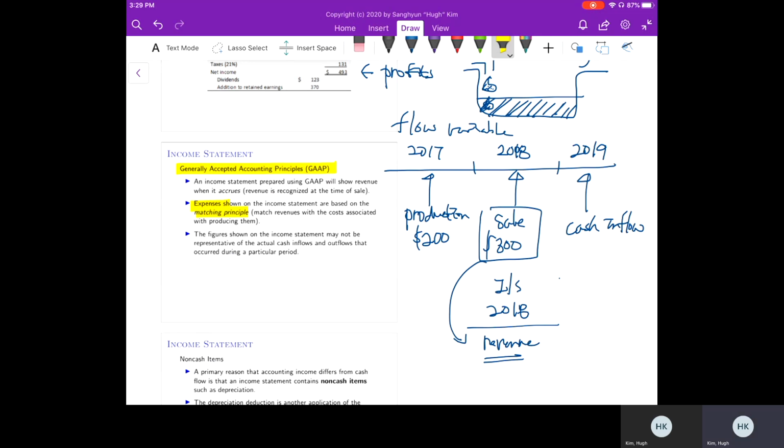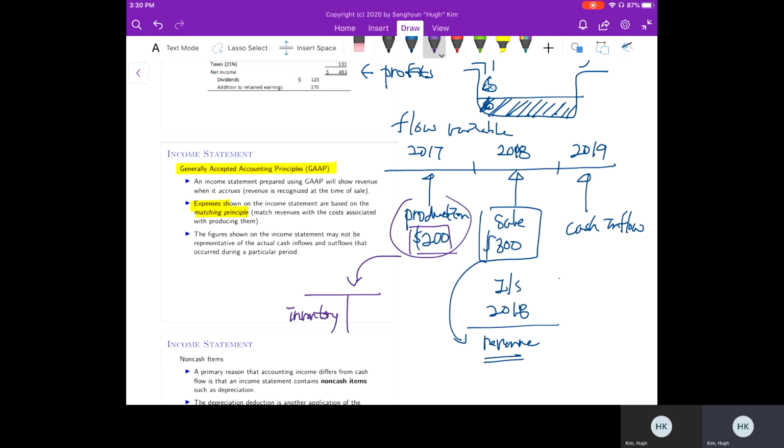So you have to match revenues with costs associated with producing them. So the production happened in 2017, so you don't expense this $200 for 2017. You wait until the sale is made. So in the meantime, you put that on your balance sheet as inventory.